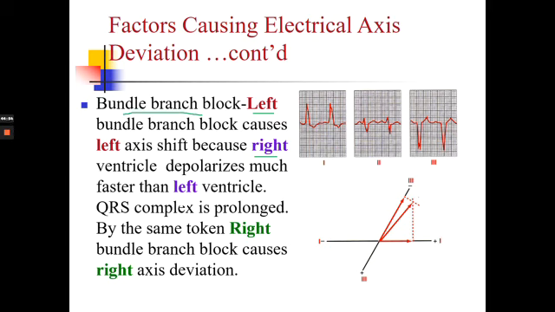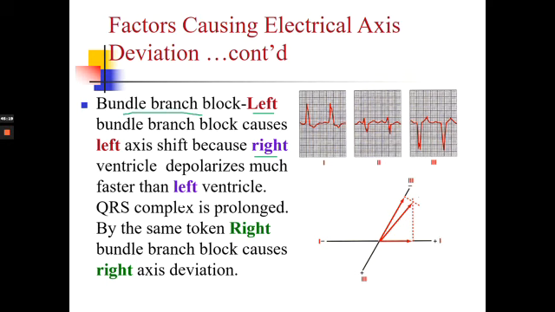When there is left bundle branch block, it means that the right ventricle depolarizes first and completes its depolarization before the left ventricle, which means that most of the time there are currents going from the right to the left, because you remember the current goes from the depolarized to the still polarized.